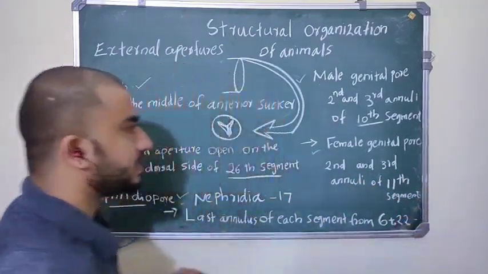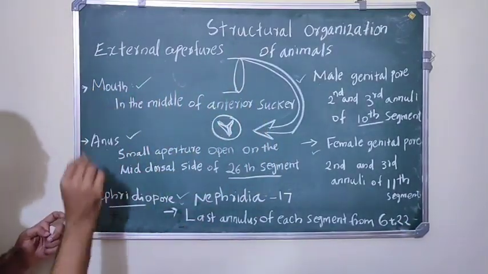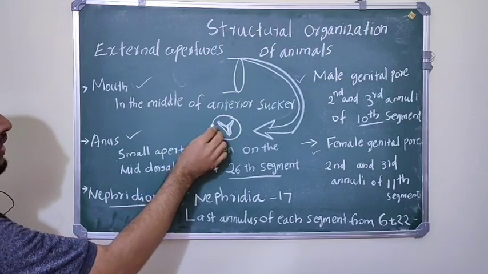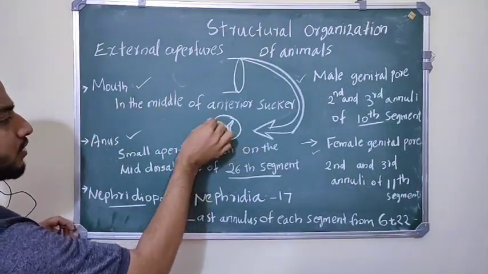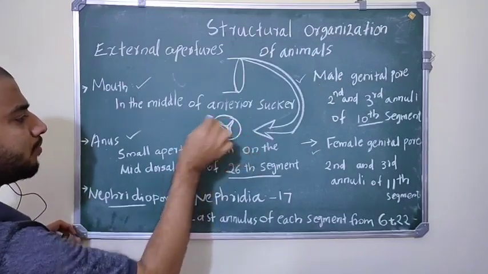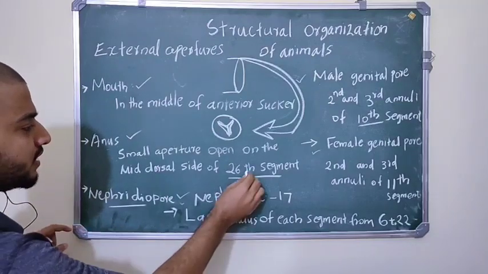So these are the apertures found on the leech. What are those? The mouth, present in the middle of the anterior sucker. This is the cross section of the anterior sucker, with the mouth in the middle. The anus is present on the mid-dorsal side of the 26th segment.